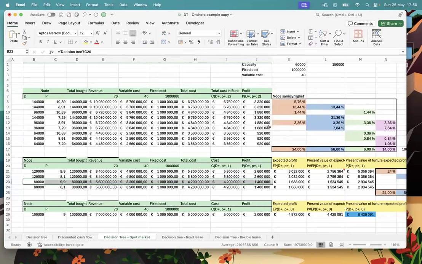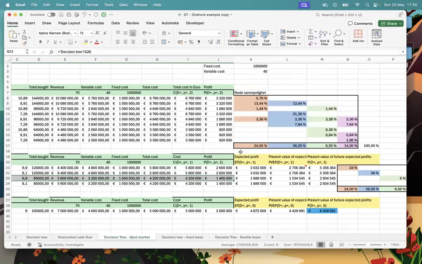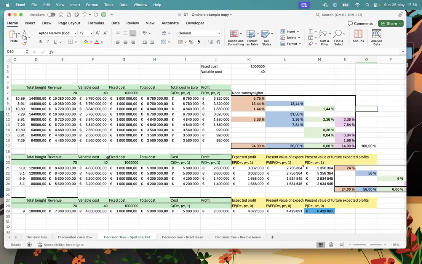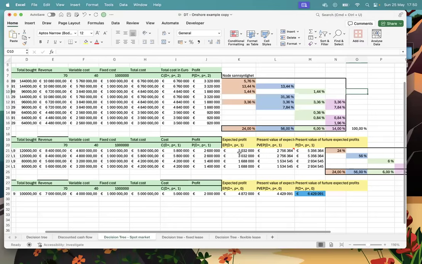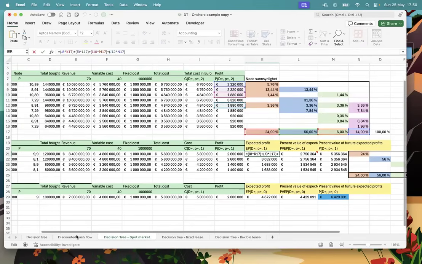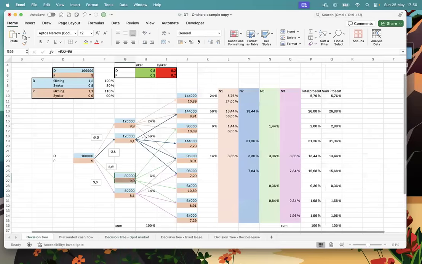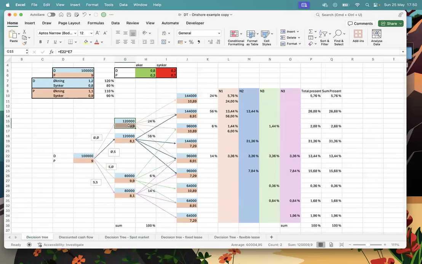Now, since we are in our first period, we have to take into account what we were expected to earn for future periods, meaning these ones. If we take the first node, we have our expected profit. Now we have to check how much we are expected to earn in the future if this node is happening.